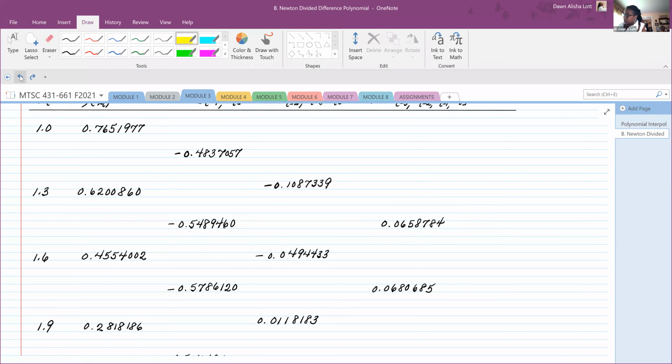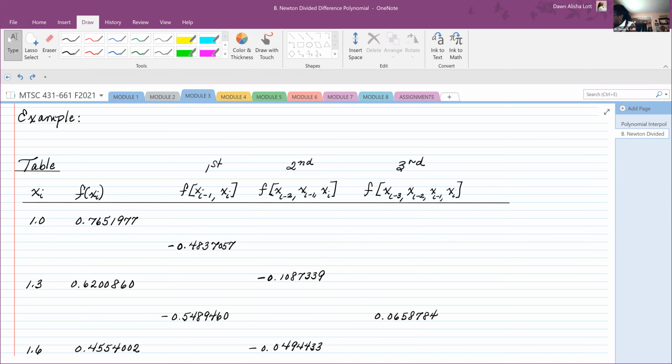Okay, one last one. So we only have one last one. And that is the fourth divided difference. And this one is f of xi minus 4 all the way up to xi.